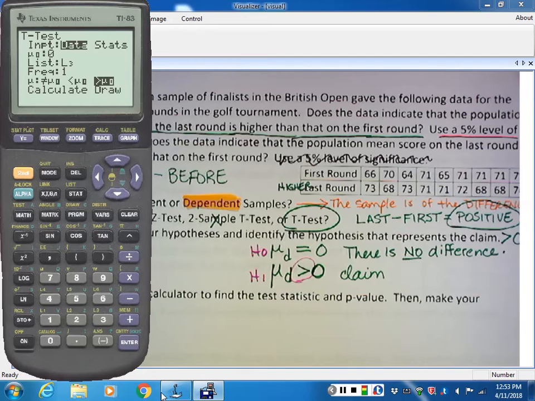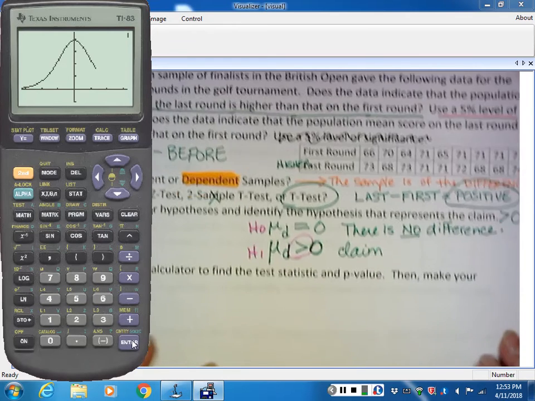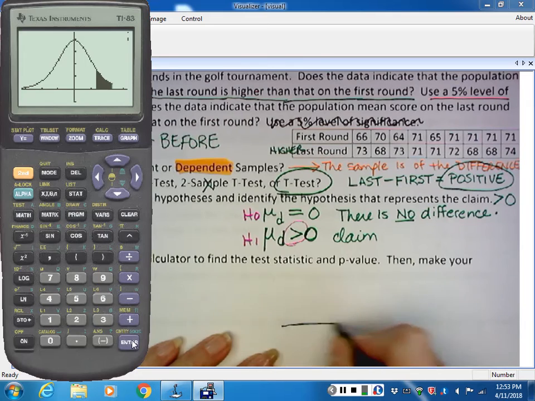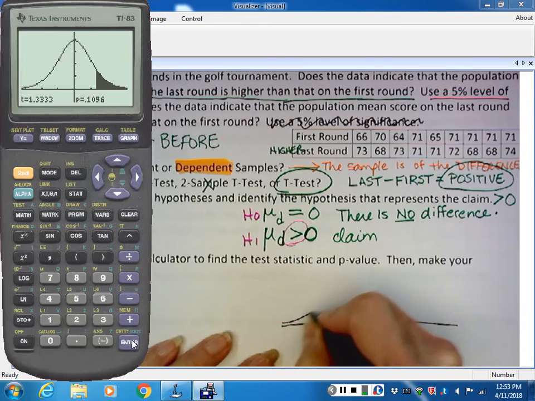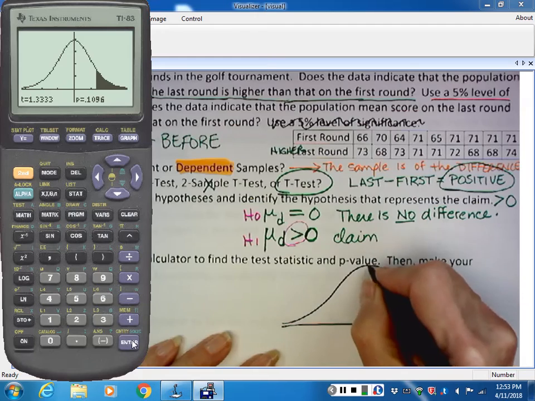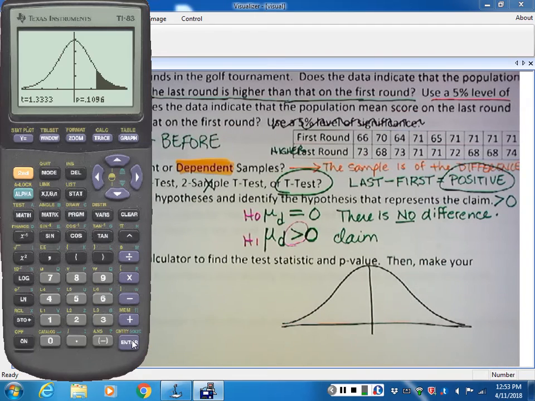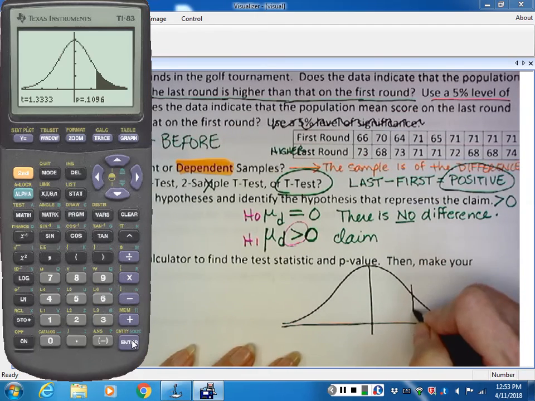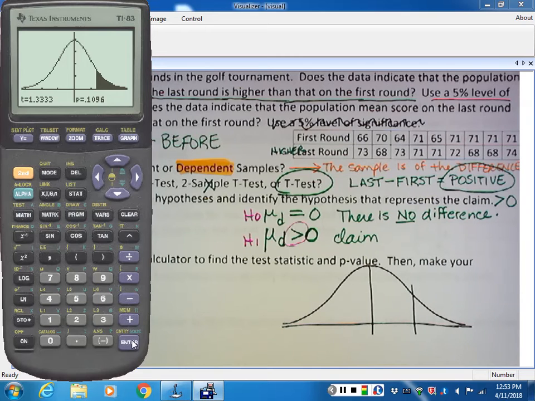So we will draw, and this is a right tail test because of the greater than. I see a lot of shaded in area in the right tail.